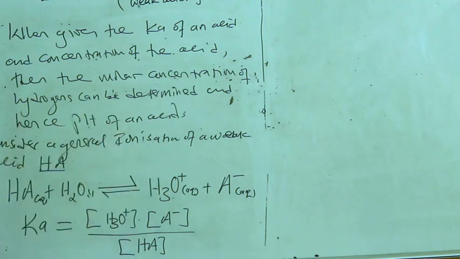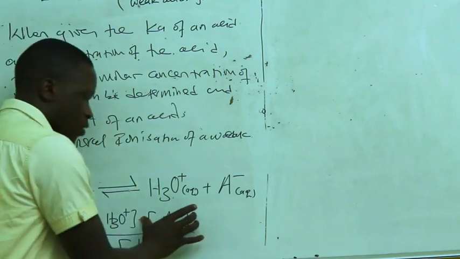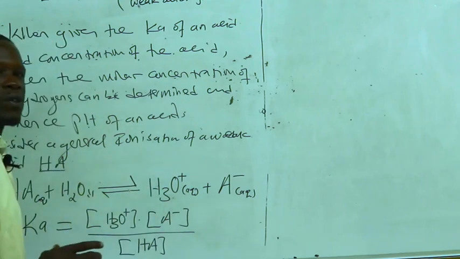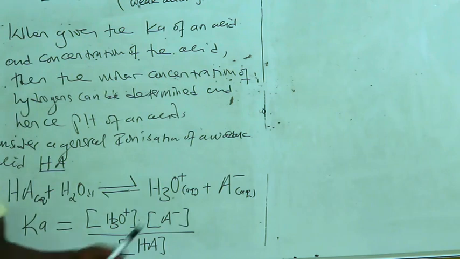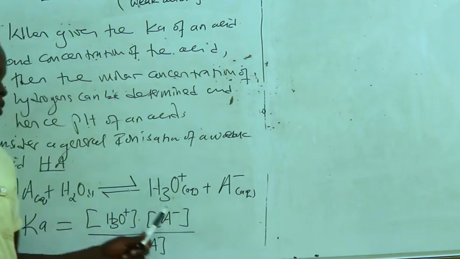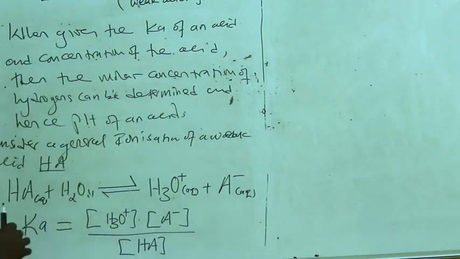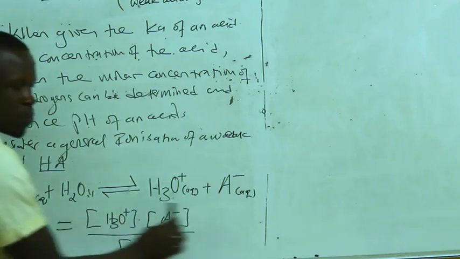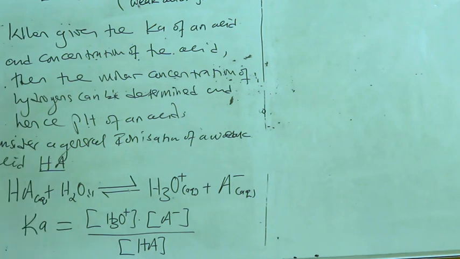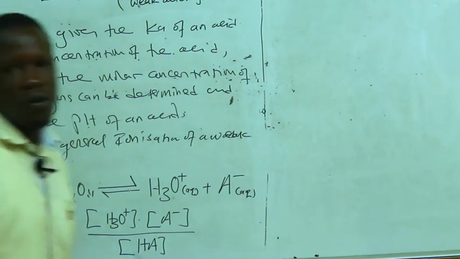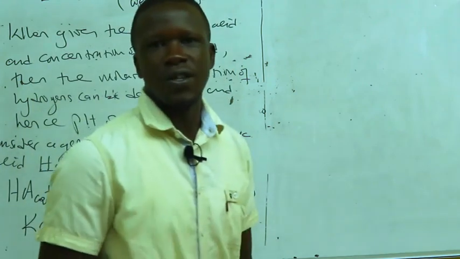But we see that in the expression there is the concentration of A minus. We cannot rely on the molar ratio of the reactants to products to give us the concentration of A minus, because we don't know how much of the weak acid has ionized.